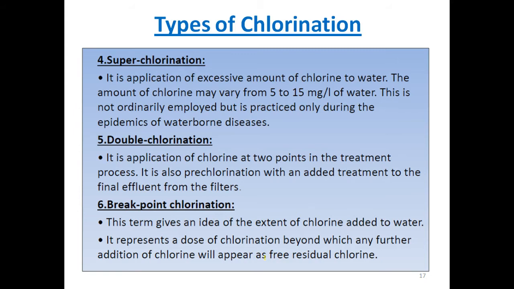It is the application of an excessive amount of chlorine to water. The amount of chlorine may vary from 5 to 15 mg per liter of water. This is not ordinarily employed, but is practiced only during epidemics of waterborne diseases.